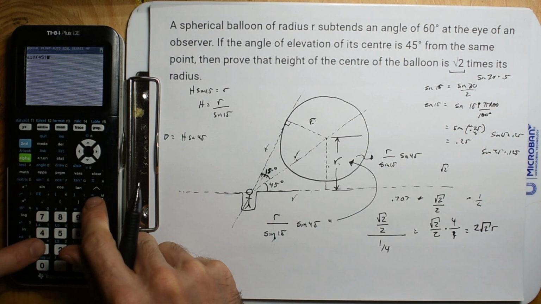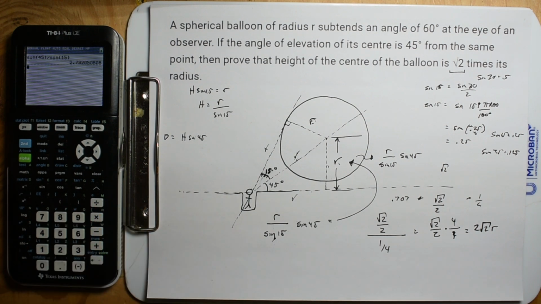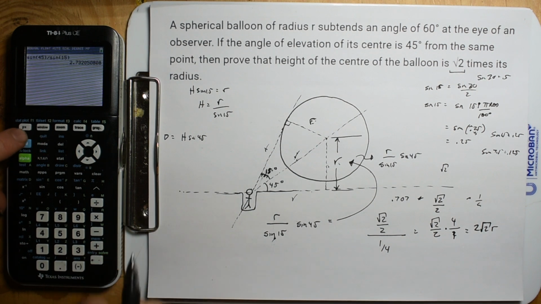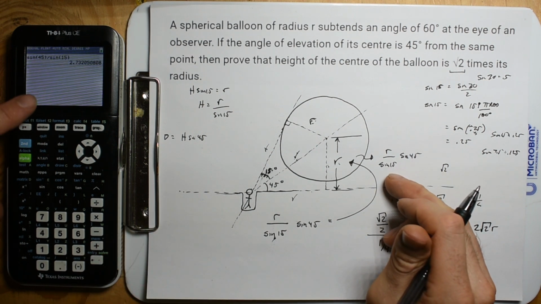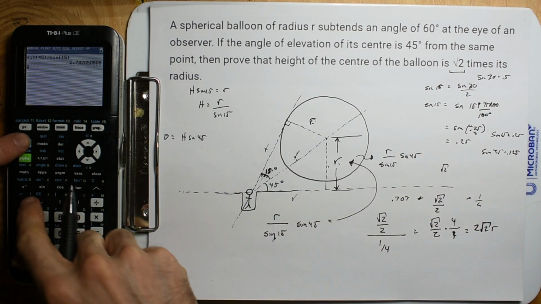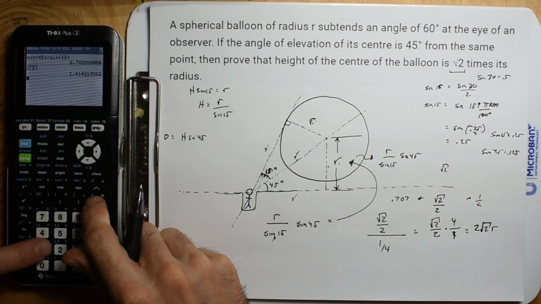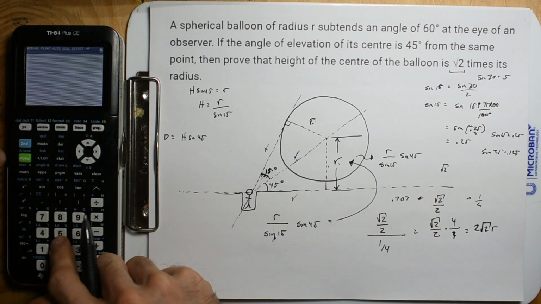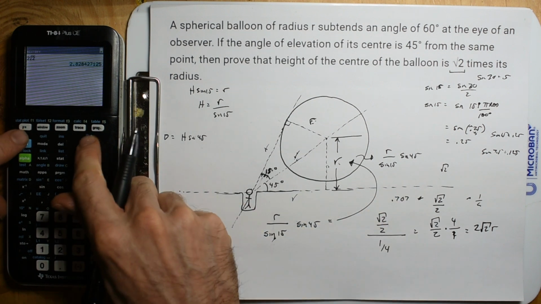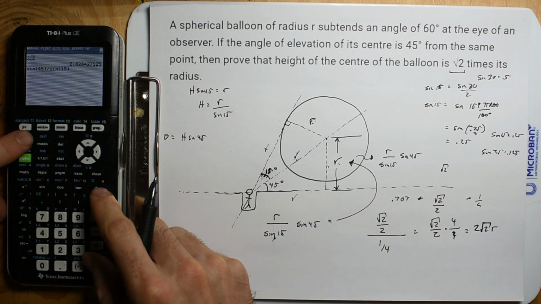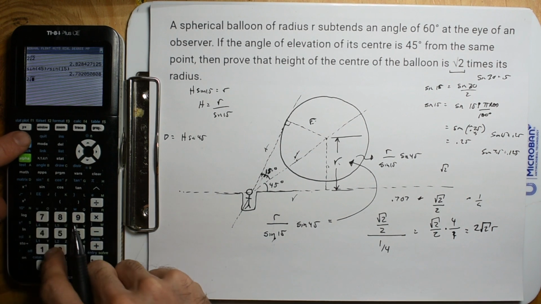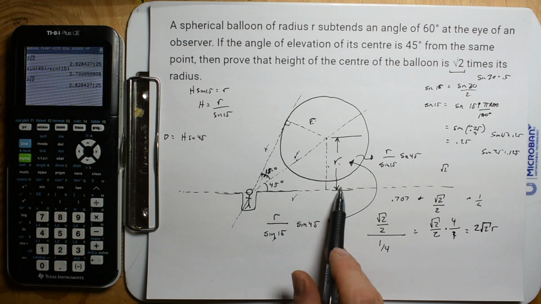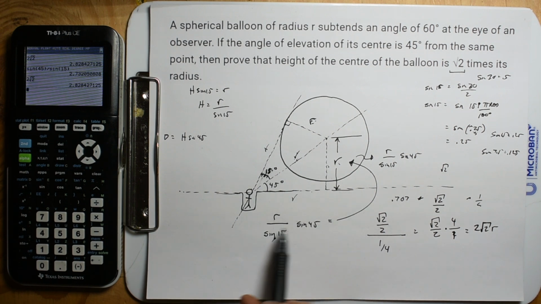Sine 45 divided by sine 15, and we get 2.73, and are we in degrees? Sine 45 divided by sine 15. And that's square root 2. Why did I think... yeah, square root 2. What? Oh no, I'm getting 2 square root 2. So 2 square root 2 is approximately what I get. So sine 45 divided by sine 15, and that's 2 square root 2. It should be exact if that was the case.